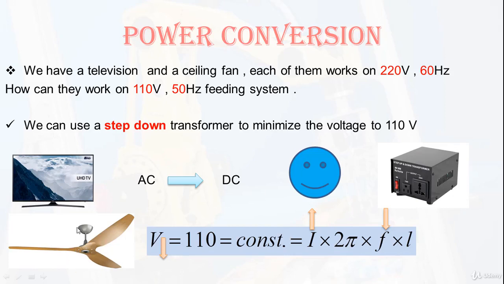So it may be burned out, or after a time it may be hotter than its usual temperature. So overall, this fan may be burned out according to the increasing current, or the efficiency will be decreased for our fan. So how can we solve this problem of decreasing our efficiency?